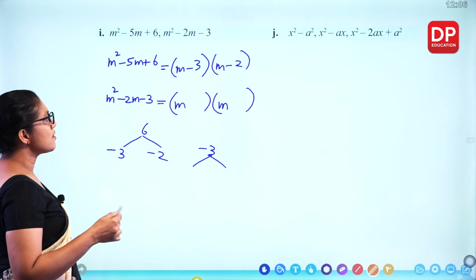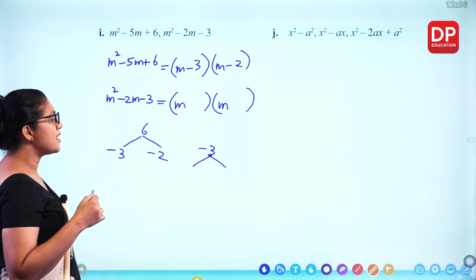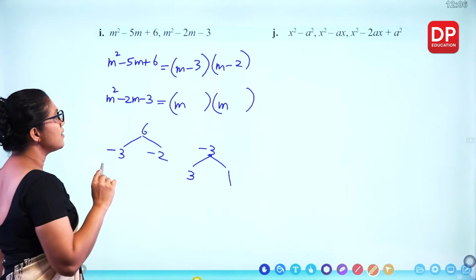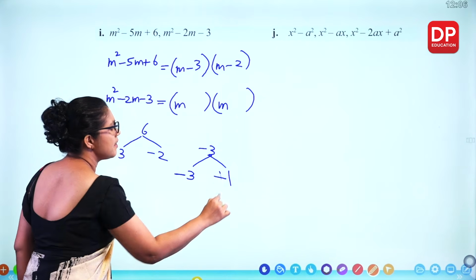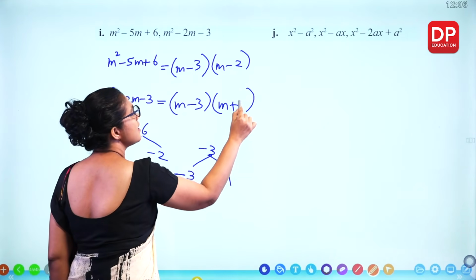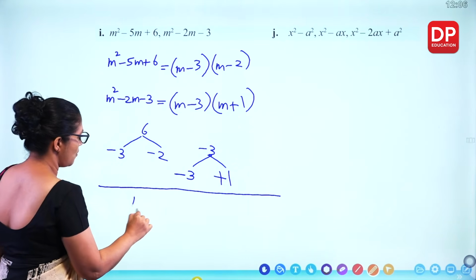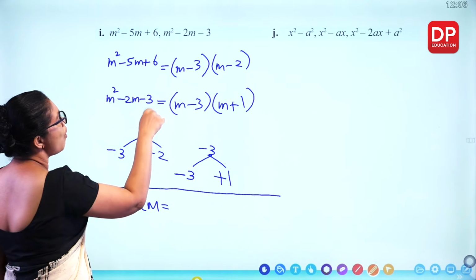What are the factors of minus 3, and when you add the factors, you are getting minus 2? So 3 and 1, which one is negative? Minus 3 and positive 1. So you can write this is minus 3 and positive 1. Now when you want the lowest common multiple, look carefully and write down all factors.